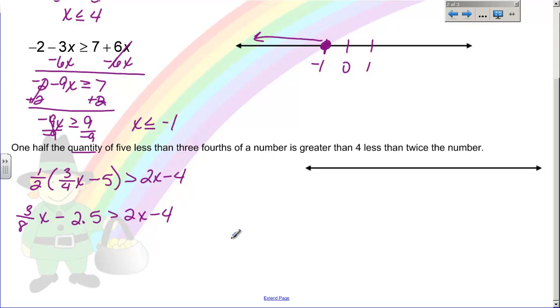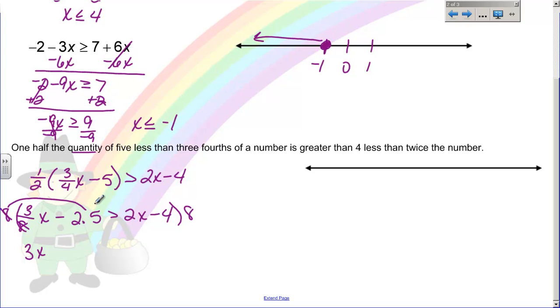Now, like I told y'all earlier, I want variables on the left. That's where I want them. But right now I've got a fraction going on. You got two options here. Make this a decimal or clear the fraction. We're going to clear the fraction because that's what I've gotten you used to. So if I multiply by 8, this 8 cancels out this 8, so you end up with just 3x. But I also have to do 8 times this.